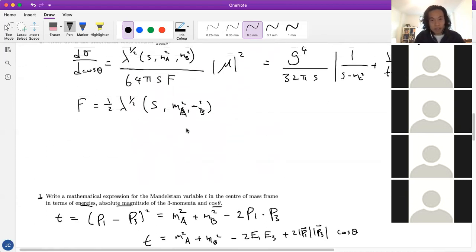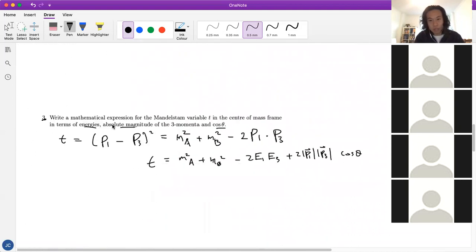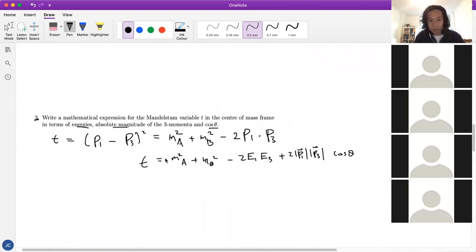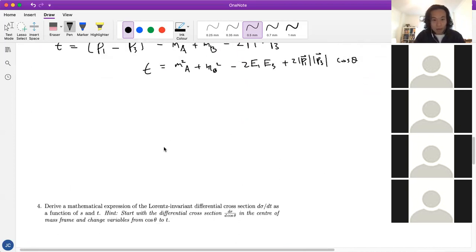The change of variables can be done given this relation between t and cos theta. So dt d cos theta, it's only the last term, just 2 p1 p3.